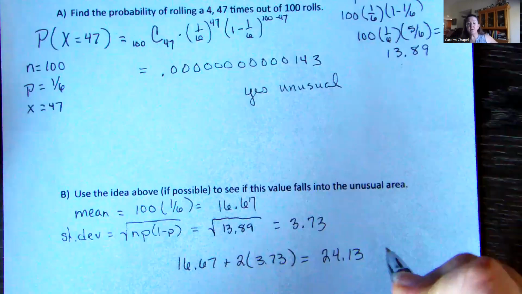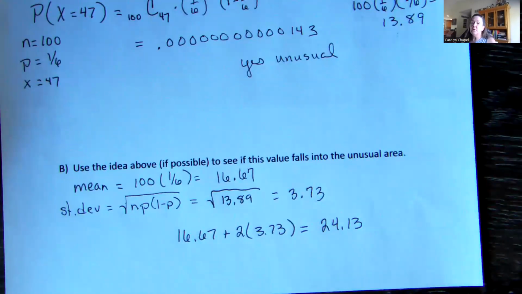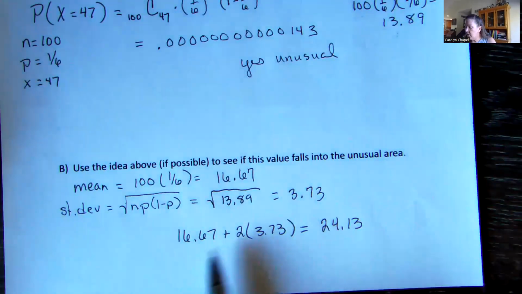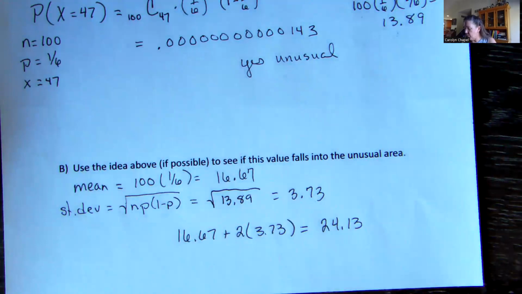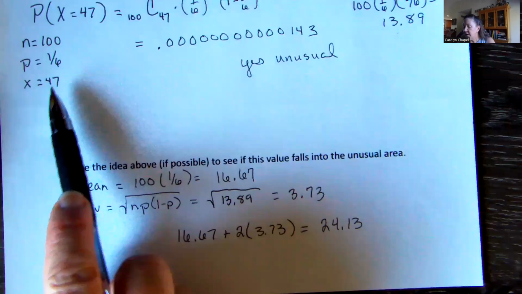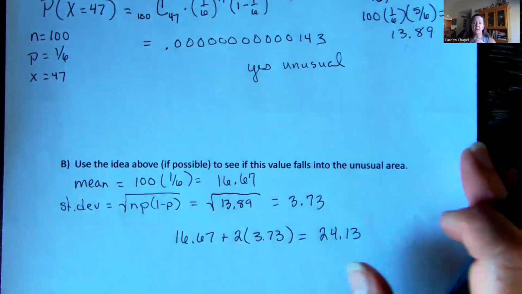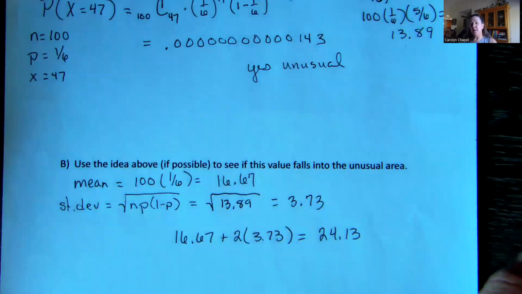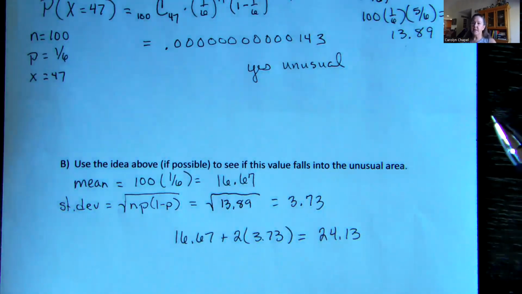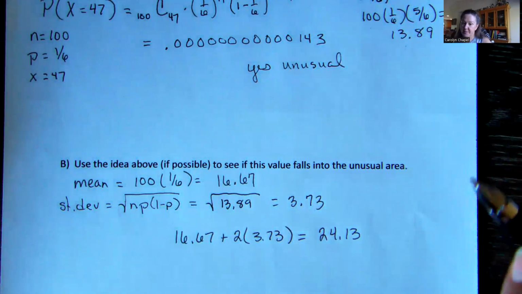So any number above 24.13 would be unusual. Anything below about 9 point something would also be unusual. So getting a 47 would spark some hints that maybe we need to check out this die. Is this die loaded? That might be something.